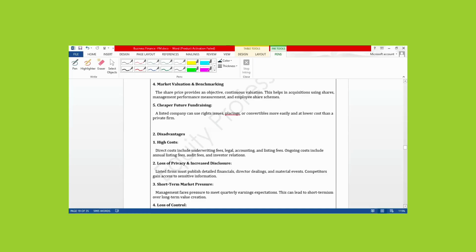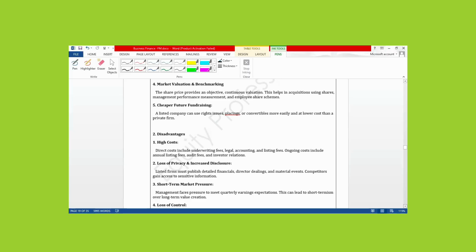Number 2 disadvantage, loss of privacy and increased disclosure. Listed firms must publish detailed financials, directors' dealings, and material events.